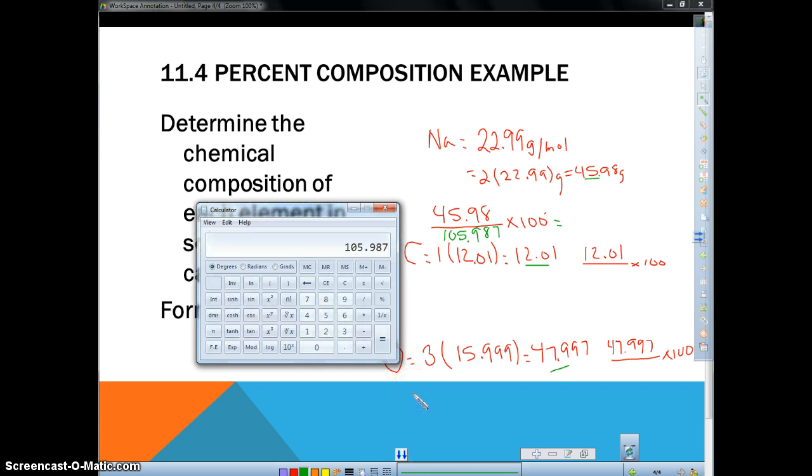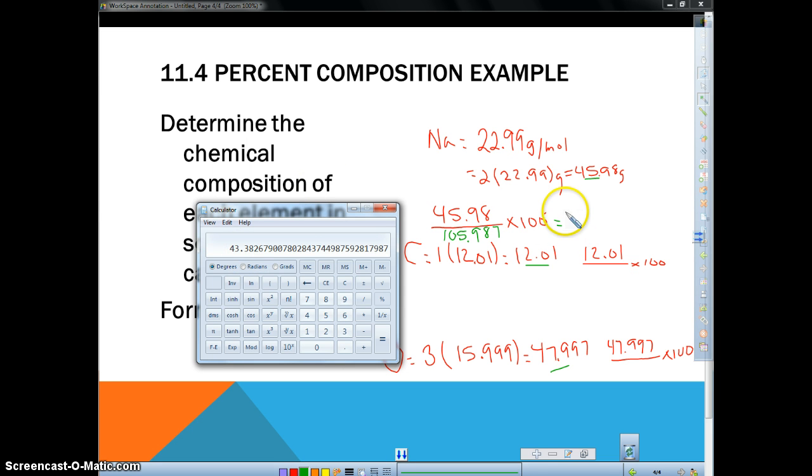So let's take 45.98 divided by 105.987, and I get this number times 100. Again, I only want to go to 4 sig figs. So here I have 43.38. That's as far as I want to go. The next digit is a 2, so that 8 will not get rounded up.